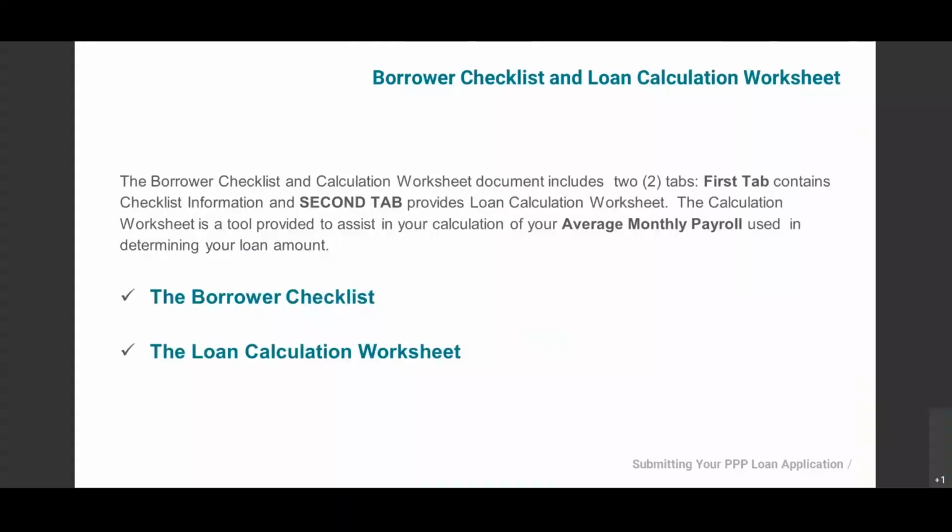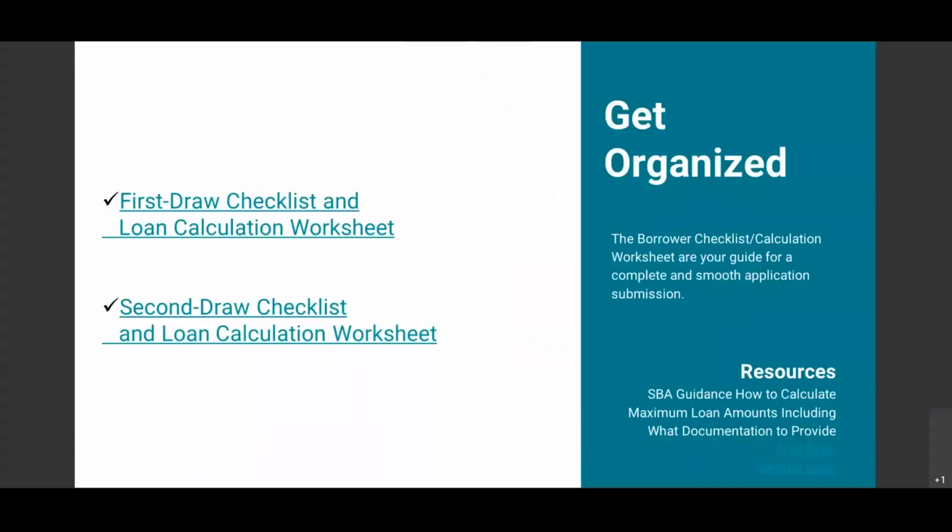Again, once you go through the portal, there will be a hyperlink that you simply click on and it'll take you to the tab where you can pull down the checklist, and then another tab where you can pull down the loan calculation worksheet. And I think on the next slide, it shows those 2 hyperlinks. So get yourself organized.